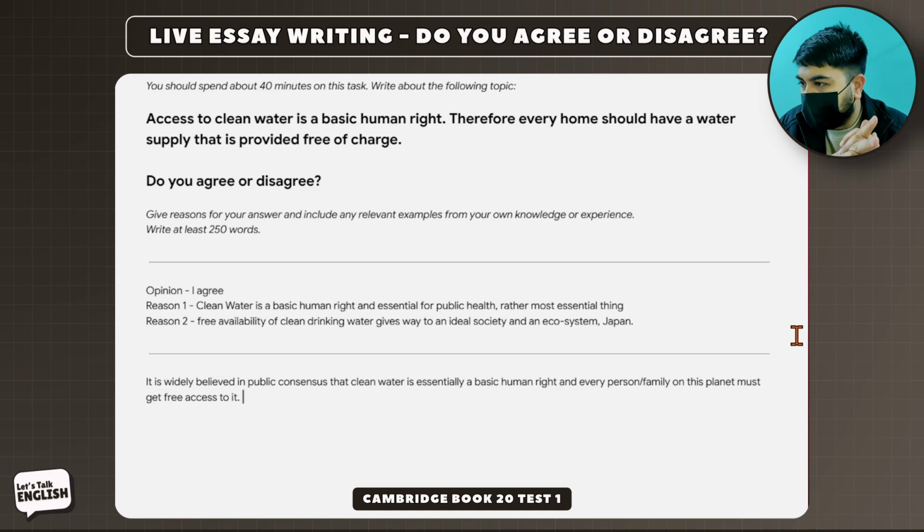Now let's move ahead and get into the opinion statement that we have to write. And remember, we have to mention the reasons as well.